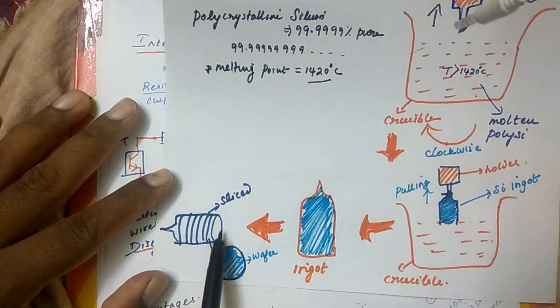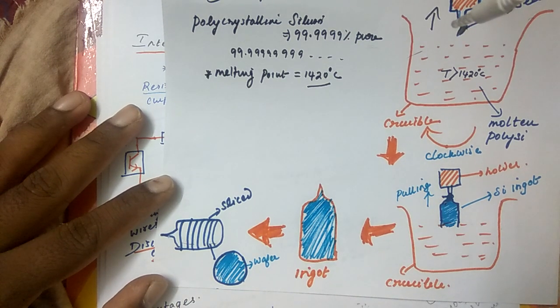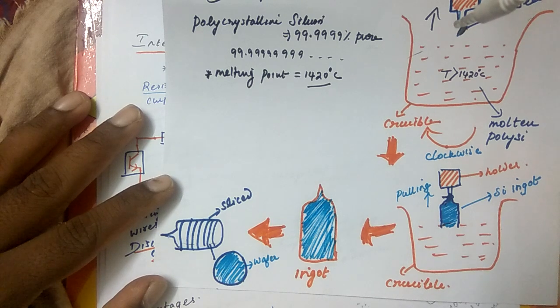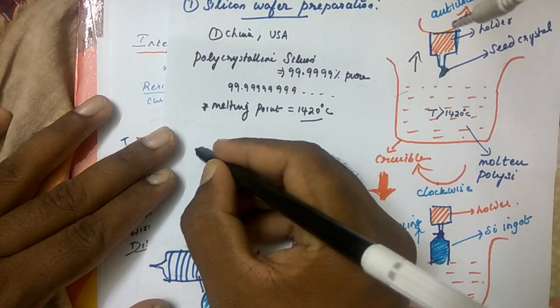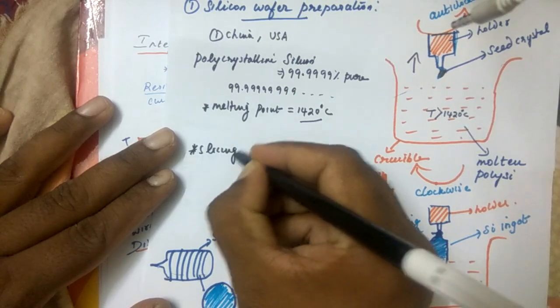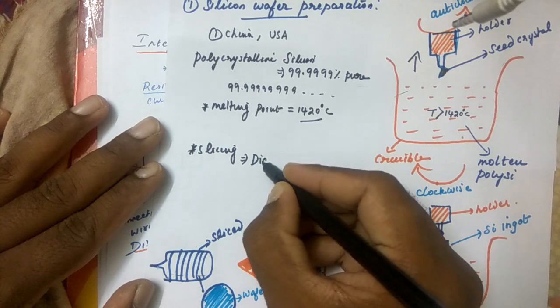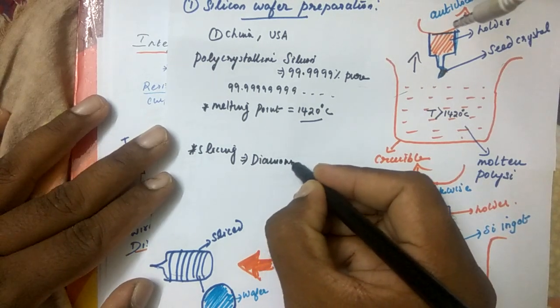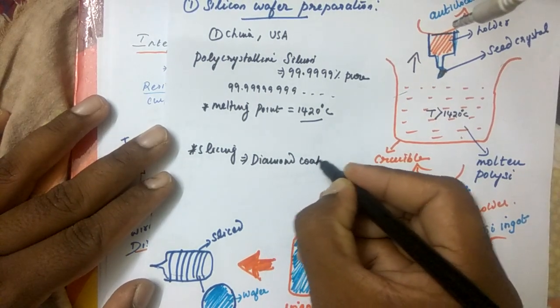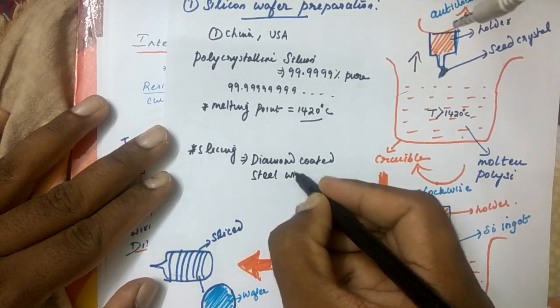Then the cylindrical ingot is sliced into thin wafers like this. Slicing is done by diamond coated steel wires.